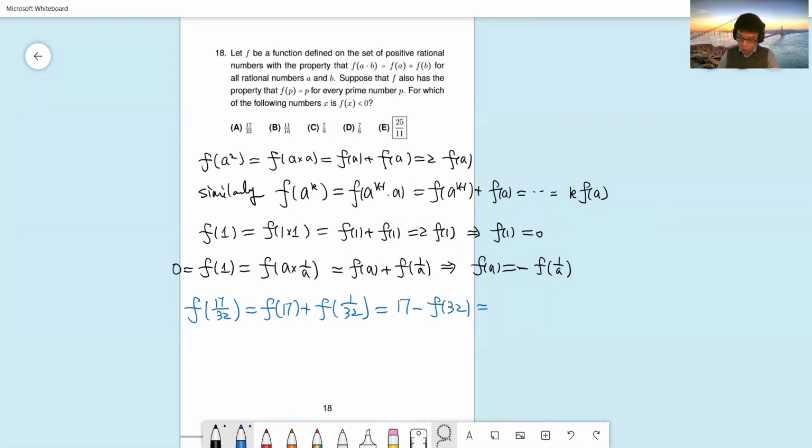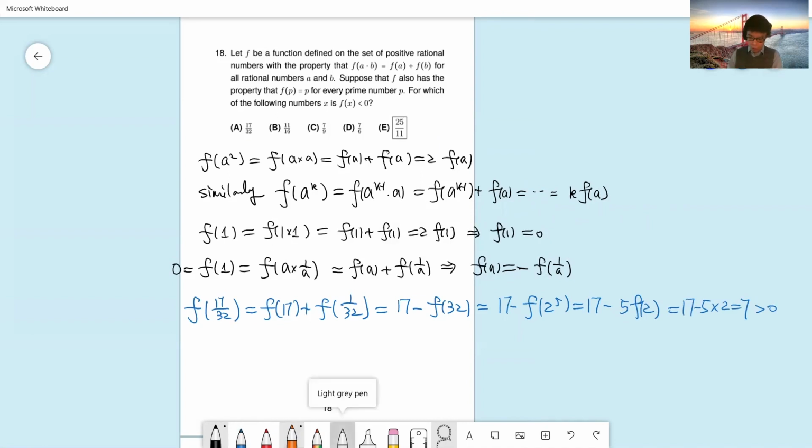And f(32) is f(2 to the 5th), which is 5 f(2). And f(2) equals 2. So it's 17 minus 5 times 2, which is 7. And 7 is a positive number. So we don't choose A.